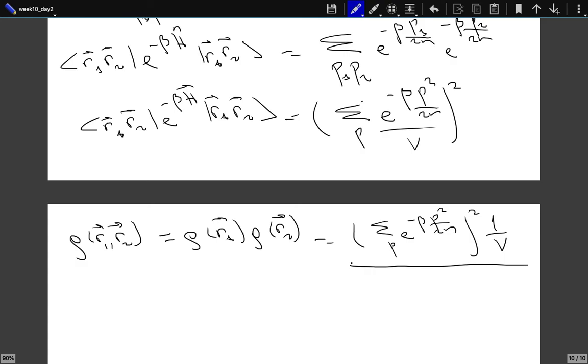And the normalization would be if I integrate this over r1 and r2, d cubed r1, d cubed r2, rho(r1, r2), it should be equal to 1. This is a normalization. To have that, here I should have 1 over V squared.